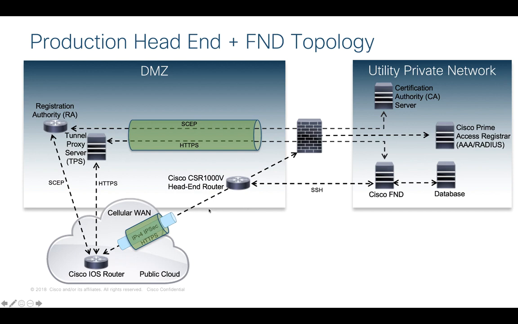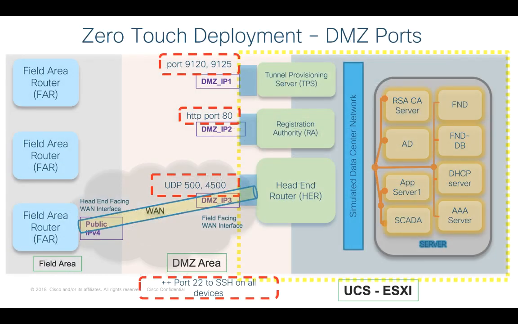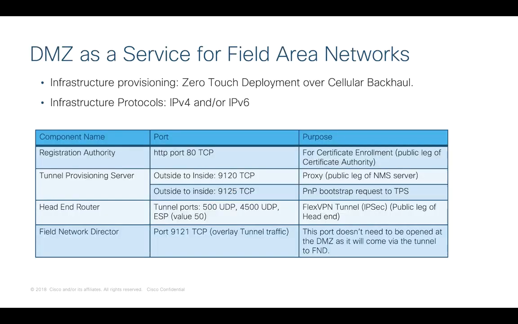So once this tunnel is established, basically the router has direct communication with FND now, and it can go and register and download its golden config that way. There are several ports that need to be opened in the firewall to allow certain of these functions to occur. So this table here basically describes the ports and the purpose for opening these ports.